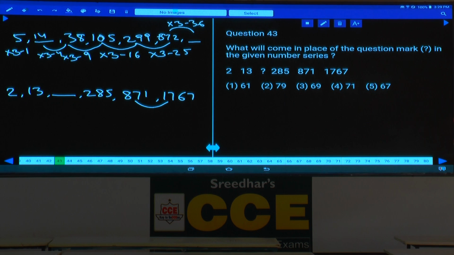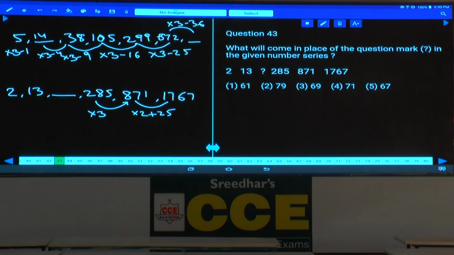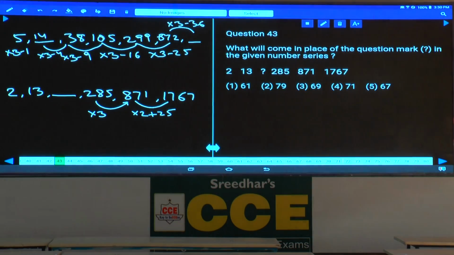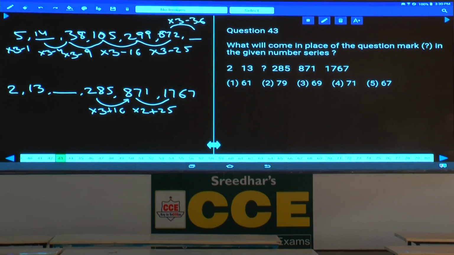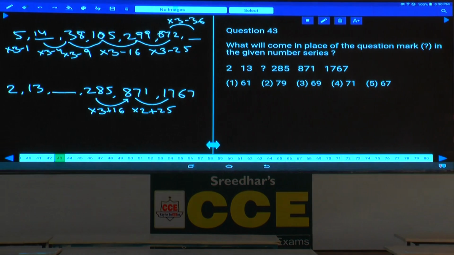That is into 2 plus how much? 67. Into 2 plus 25. And next one, 285 and this one, how to express this one? 285 and 800, it will be around into 3. 285 into 3 plus how much? Plus 16. Are you following this one or not? Now this is into 3 plus 16.